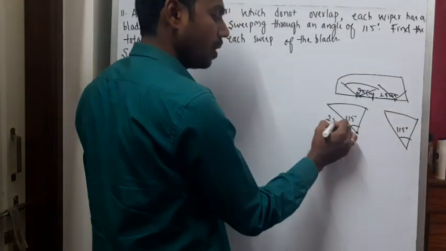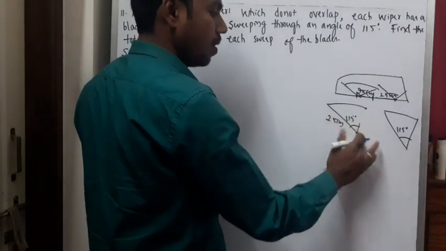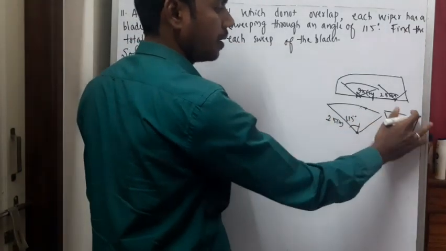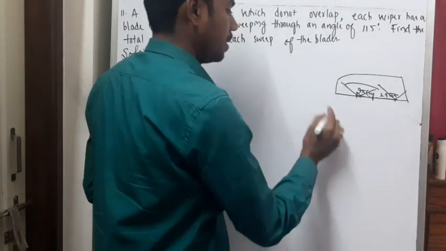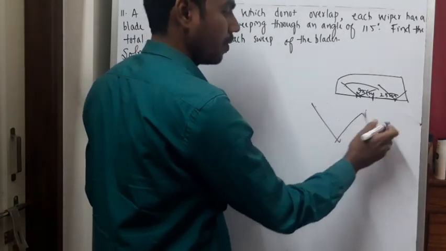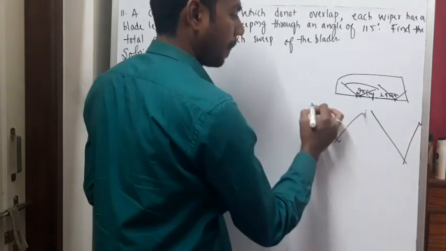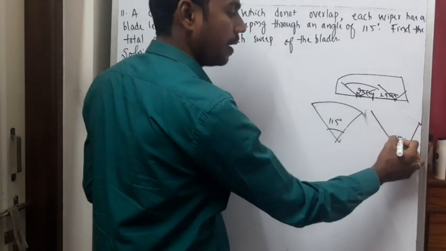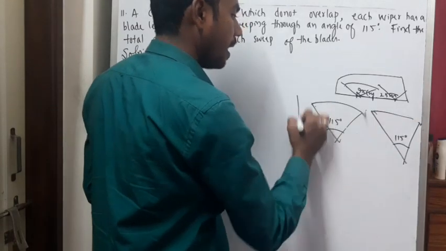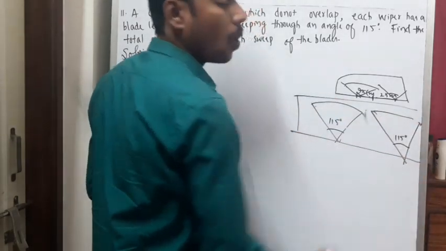What is the radius? 25 centimeter is the radius. And they are telling that they will not overlap.